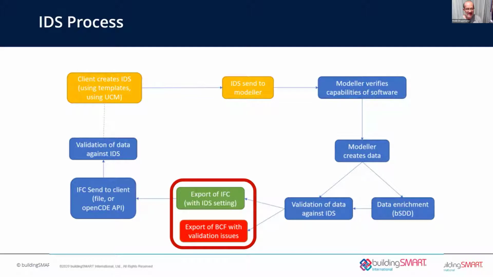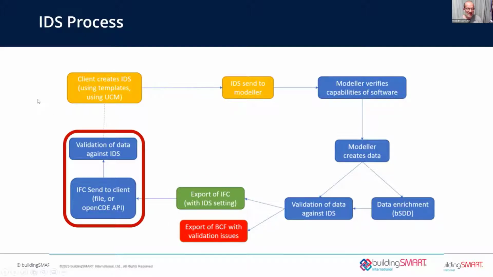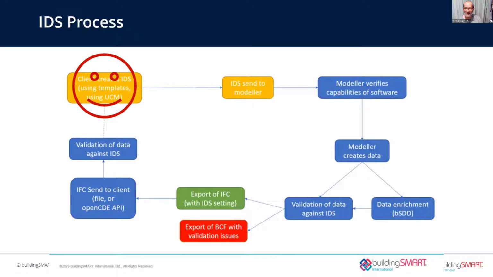So this is made available to the client. It could be sent across as a file, or it could be distributed using an API or whatever. And then the client is able to validate the data against their IDS specification. And ideally, we have a happy client if all of this goes well.